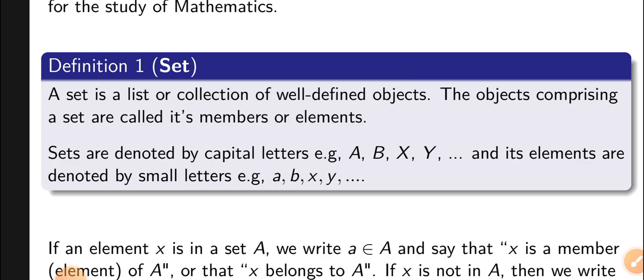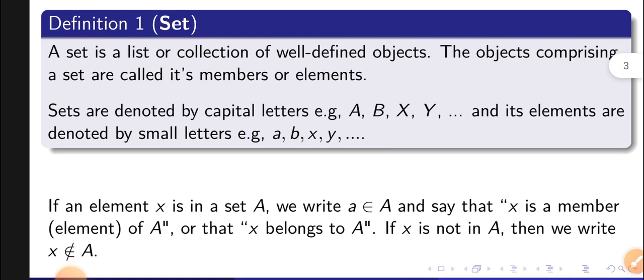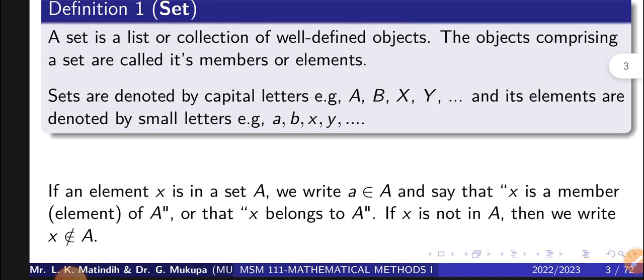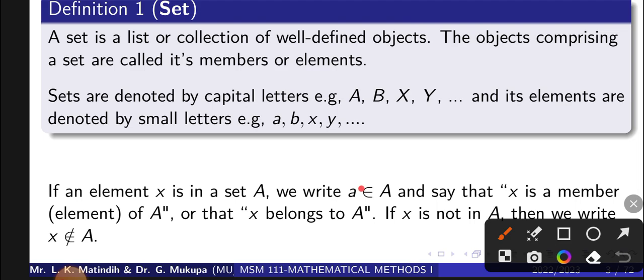If an element x is in set A, we say, okay, they made a mistake here, it was supposed to be x. Let me just correct this. So we write x is a member of A.